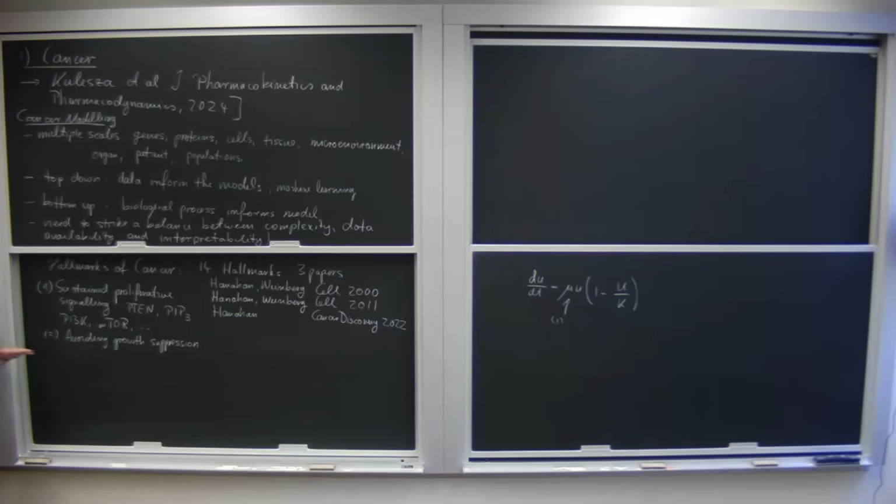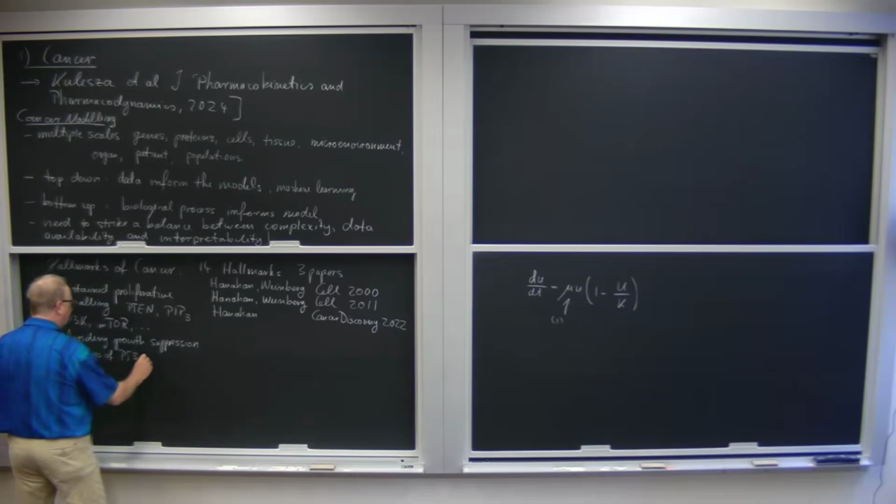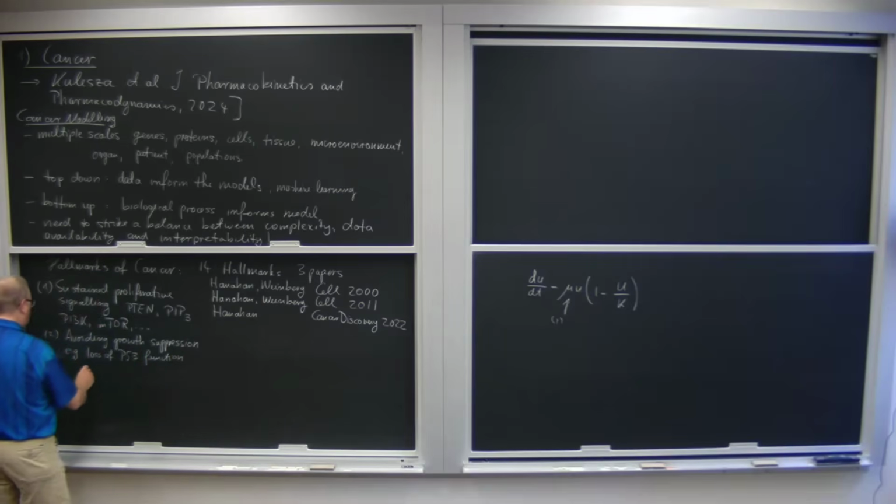You're big enough. That's it. And if this pathway is inhibited in some form, they might continue to grow. Yeah, so examples here would be loss of P53 function or loss of contact inhibition.